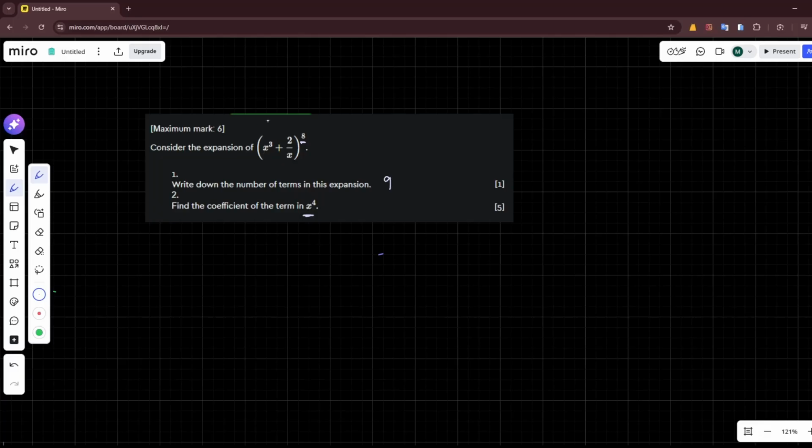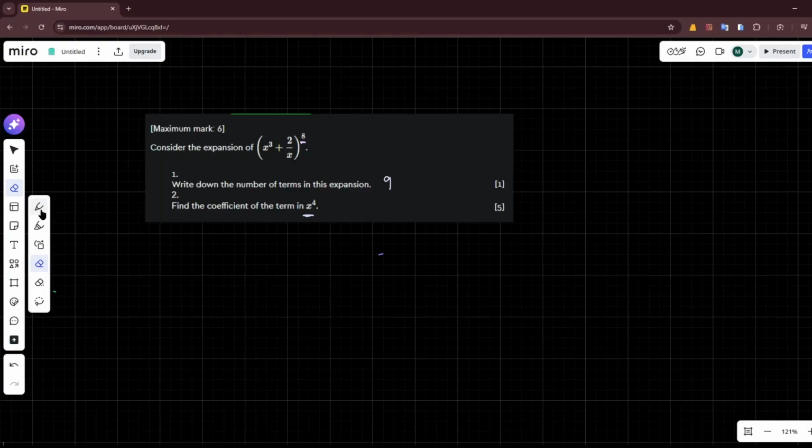Another common problem is assuming that you're taking x cubed to the power of 4, which will give you x to the power of 12, and also you've got to deal with the fact that there's an x on the bottom of the fraction here. So there's actually a lot going on that makes it difficult to figure out what power we're supposed to be looking for when we're trying to find the x to the 4 term.